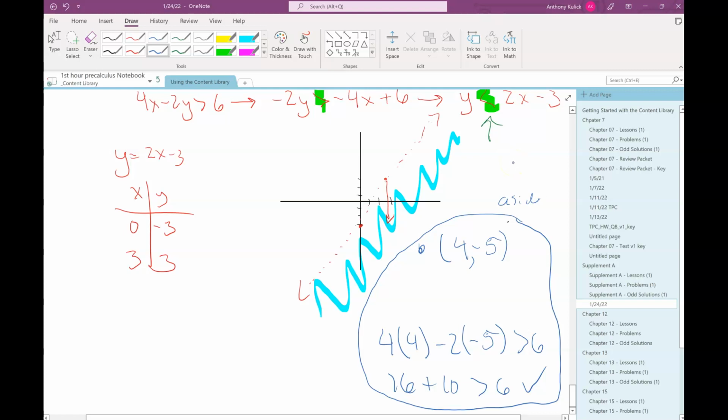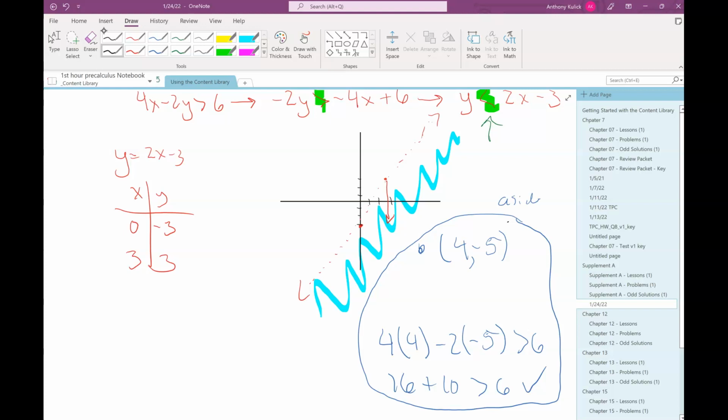The graph was already done. I was just trying to explain what this really was representing. Any point in the shaded area, for example, the point (4, -5), should satisfy my inequality. You can use that to check to make sure you've shaded the correct side. Does that feel okay?